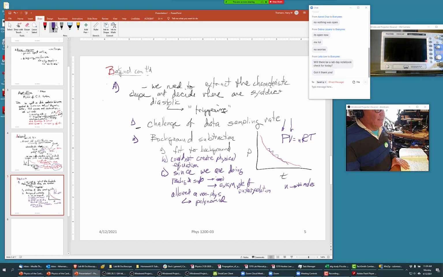It's a0 x to the 0, plus a1 x to the 1, plus a2 x squared, plus up to an x to the n. So this is an nth order polynomial.